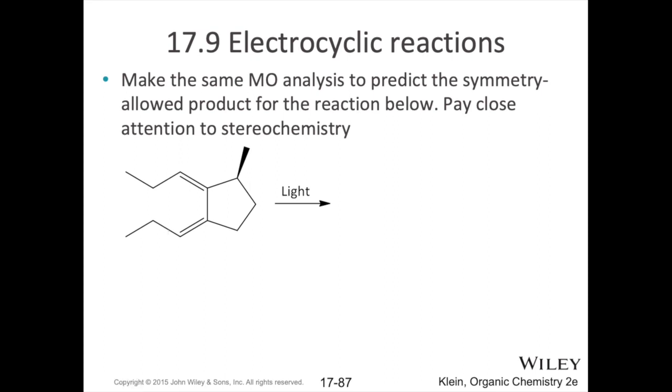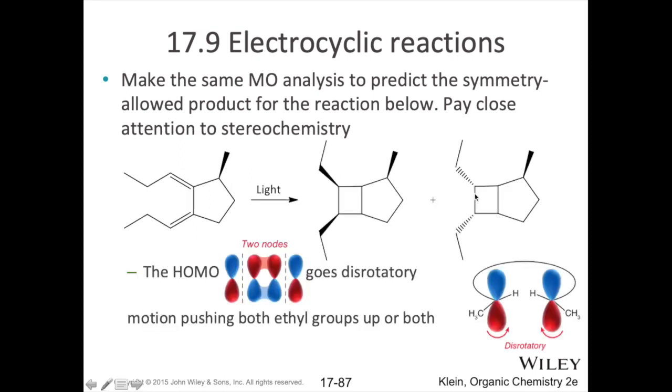If you've tried this out, you should hopefully have figured out that this is a disrotatory rotation. And in doing so, since both of these groups are pointing inwards to begin with, that disrotatory rotation makes them cis. So they'll either both be pointing upwards or both be pointing downwards, depending on which way you rotate these.